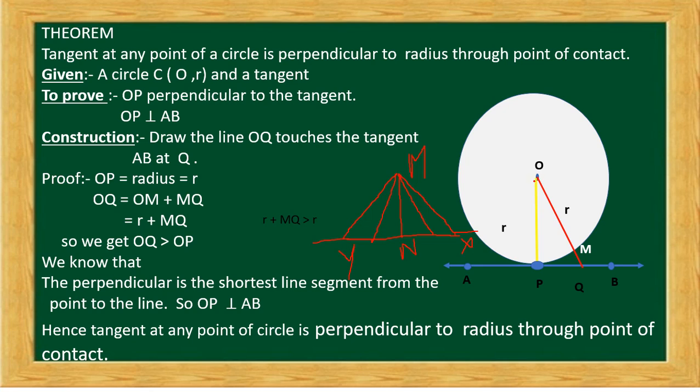That means the line which joins the center with the point of contact is perpendicular, and this point P, the point of contact, makes a 90-degree angle.